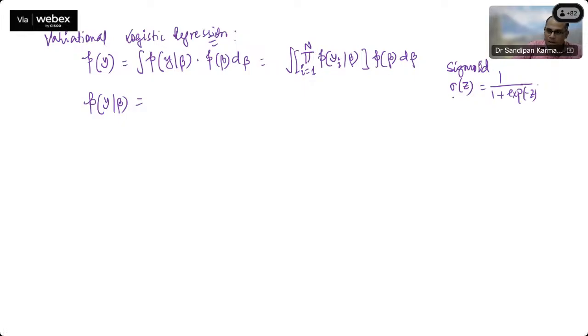What is that property? If you take the derivative of this, del sigma z with respect to z, can anybody tell me what will be the derivative of this?